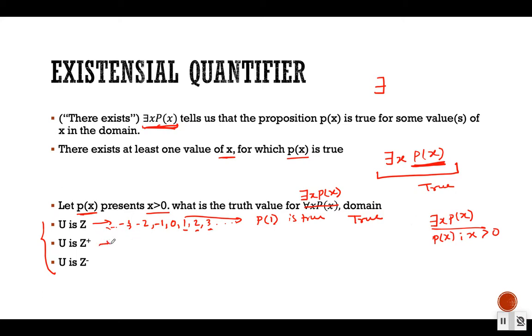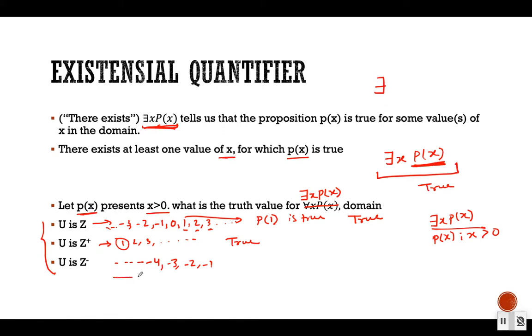Now the list of all positive integers, so 1, 2, 3, like all positive integers. So just try the first one. You can see that P of 1 is true, so this one is true. So what about this one? All negative integers. So let's see all numbers: minus 4, minus 3, minus 2, minus 1. If the numbers are negative, we know that a negative number cannot be greater than 0.